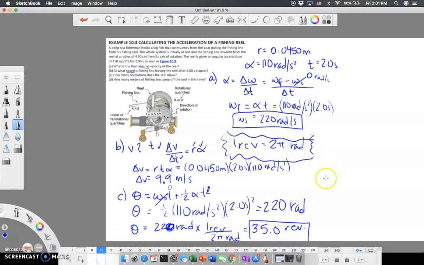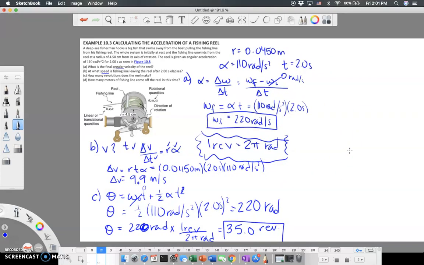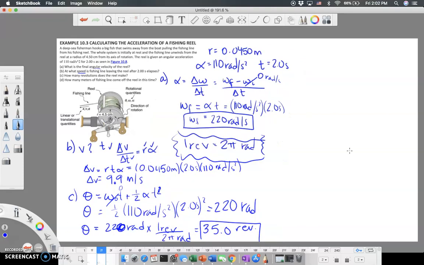Okay. So let's go ahead and do that. Now we want to know part D, how many meters of fishing line come off the reel during this time.